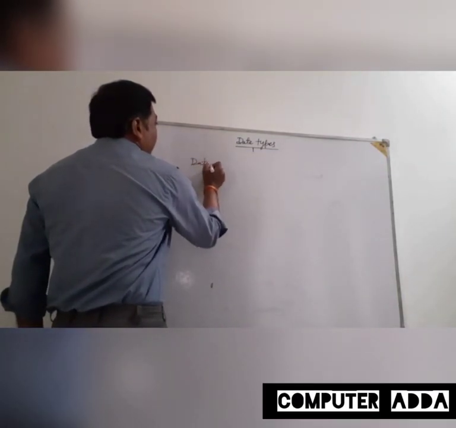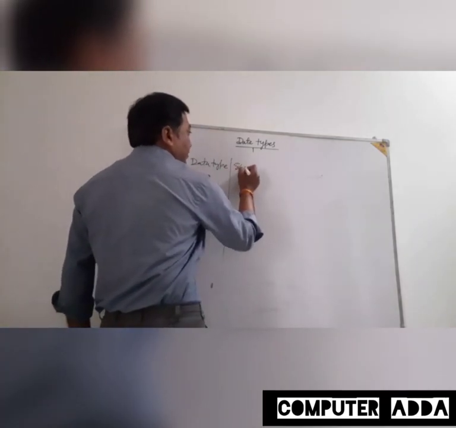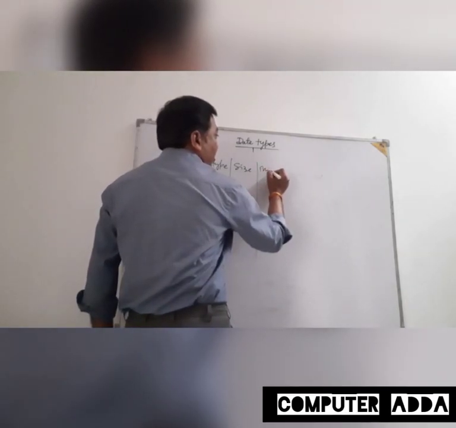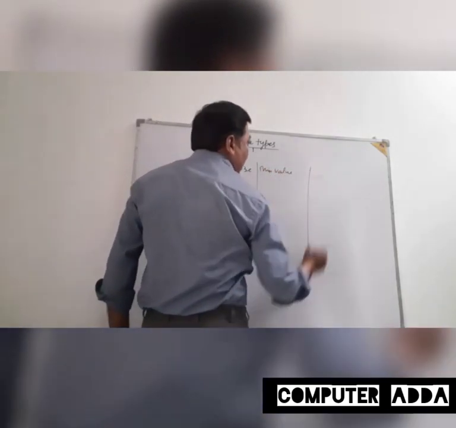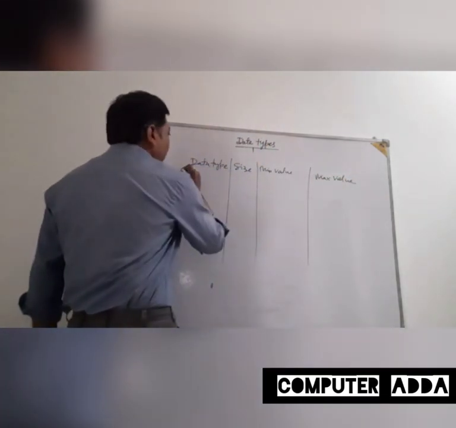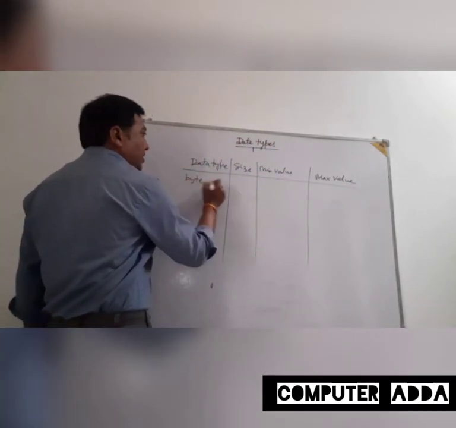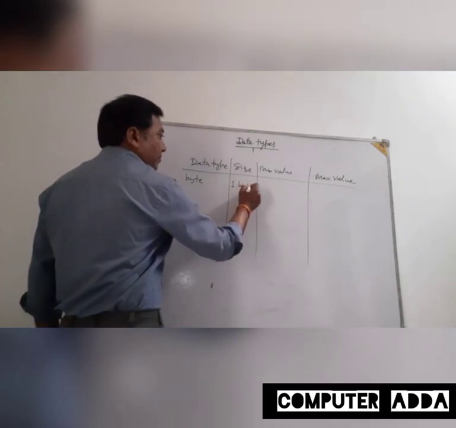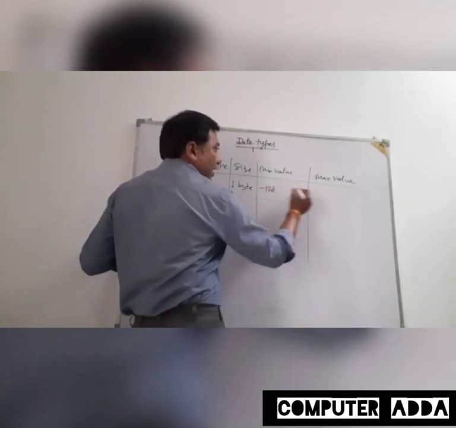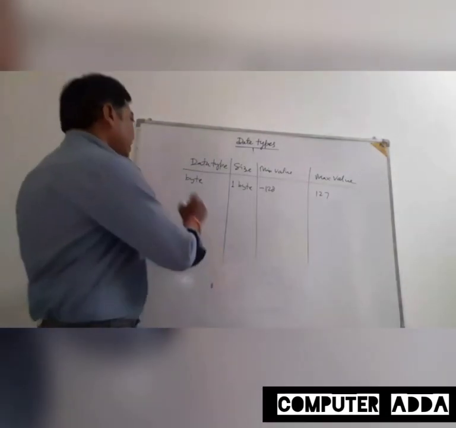So: data type, size or space, then minimum value and maximum value. Data type byte occupies 1 byte. The minimum value that can be stored in byte is minus 128, and the maximum value that can be stored is plus 127.